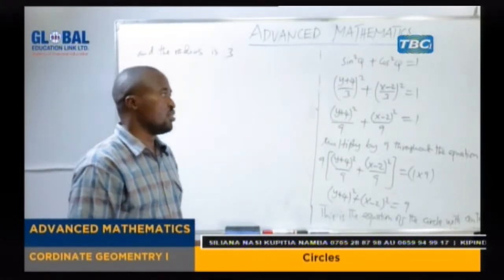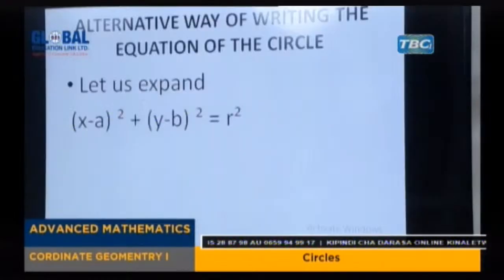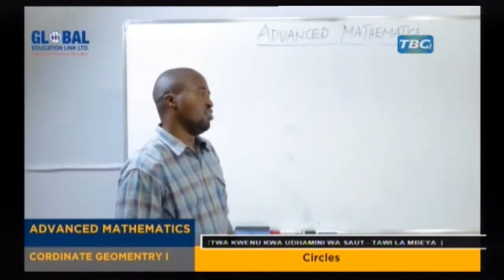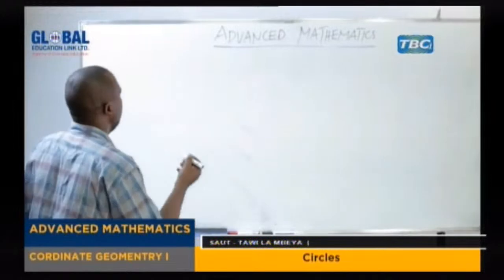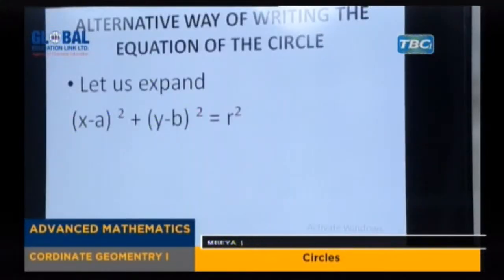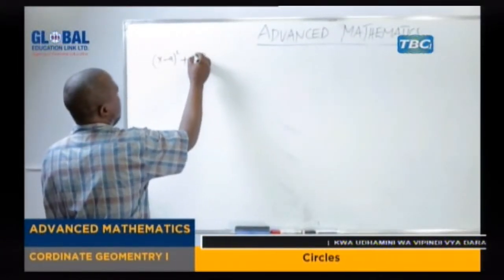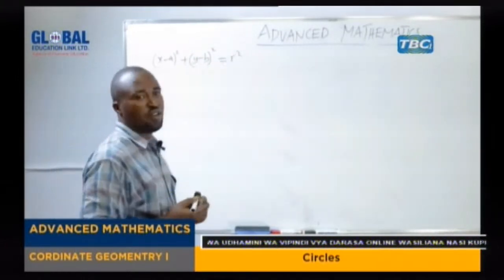So let us proceed with an alternative way of writing the equation of a circle. This time we are going to expand this equation. So we have the general equation of the circle, that is (x minus a) squared plus (y minus b) squared is equal to r squared.